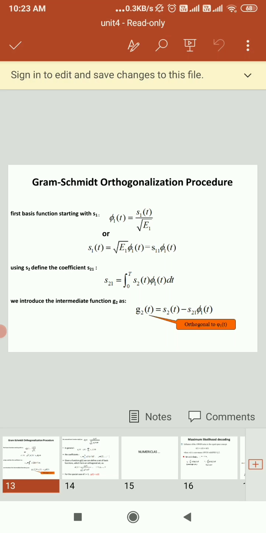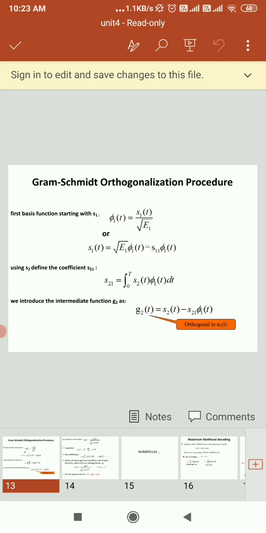It means Sij is the scalar coefficient and phi j of t is the orthogonal basis functions. So here we can represent the energy signals in the form of scalar coefficients and the basis functions.